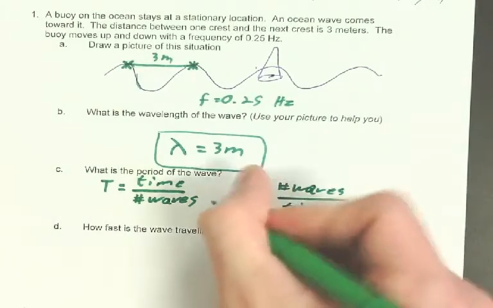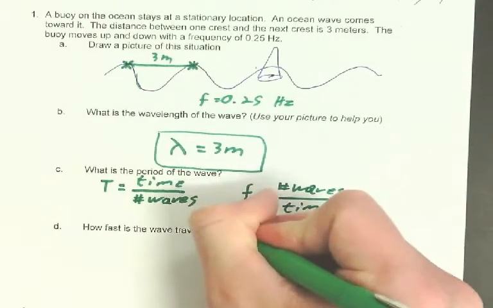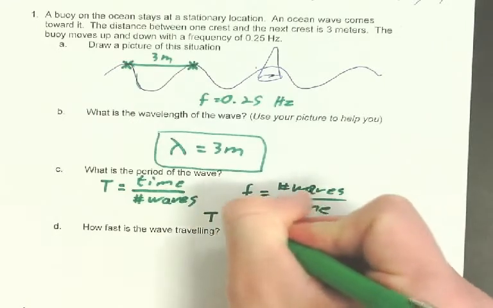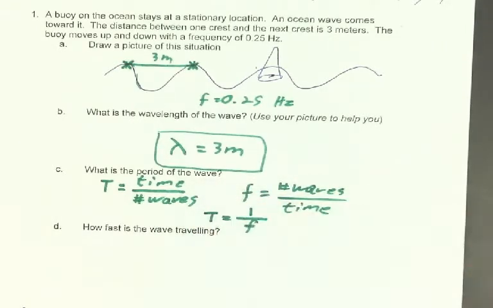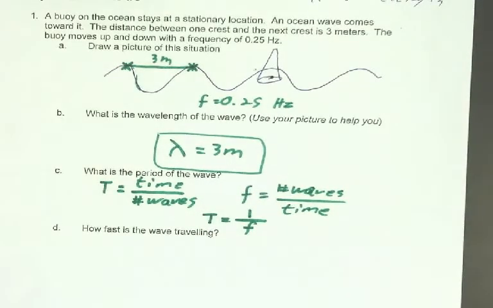If they are opposites, then the period is equal to 1 divided by the frequency. So, the opposite of 2 is 1/2. The opposite of 4 is 1/4. They're inverses of each other.